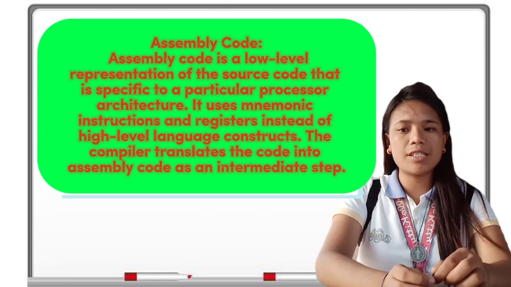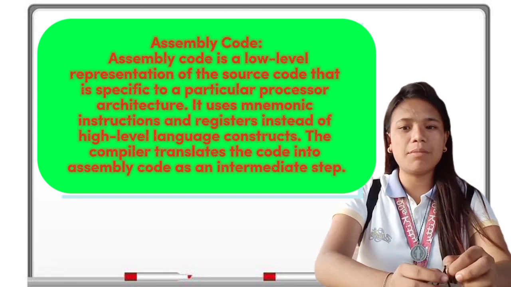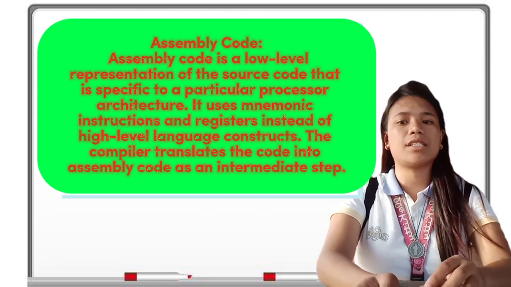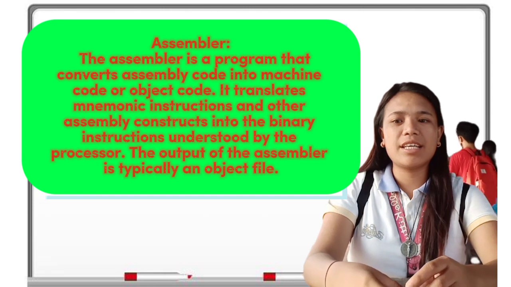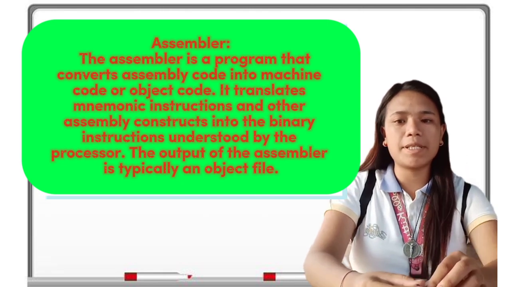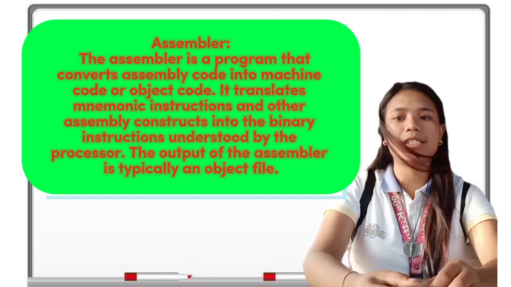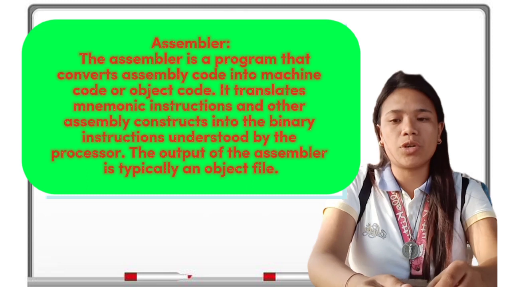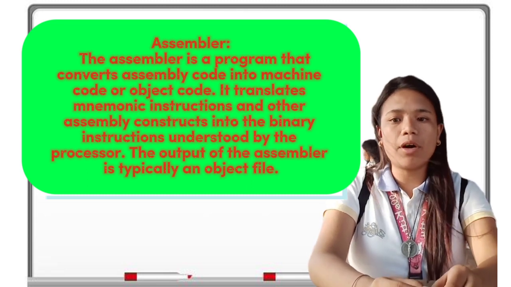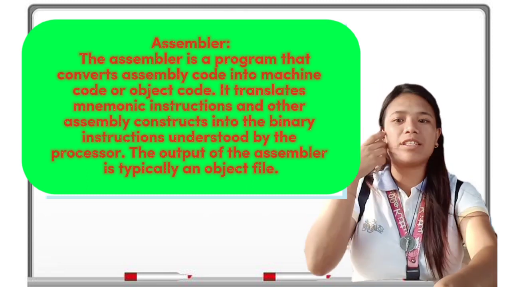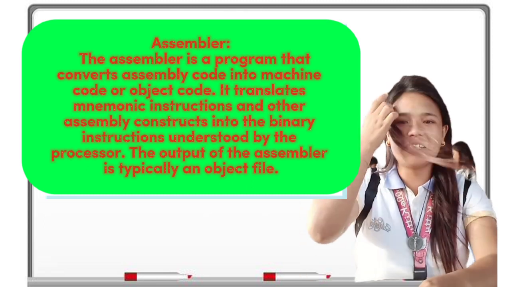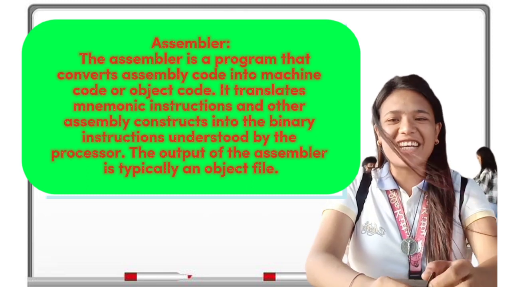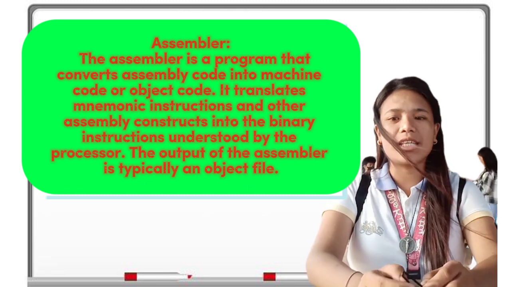The compilers translate the code into assembly code as an intermediate step before generating object code.